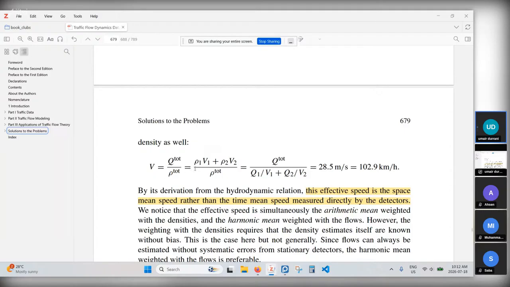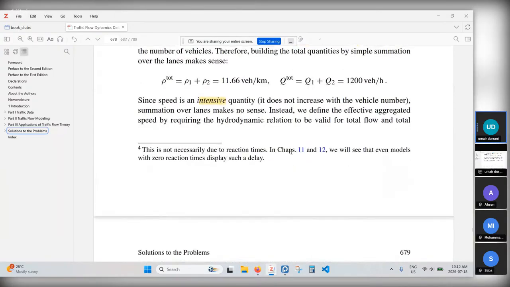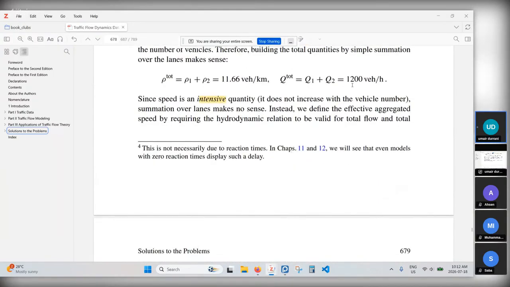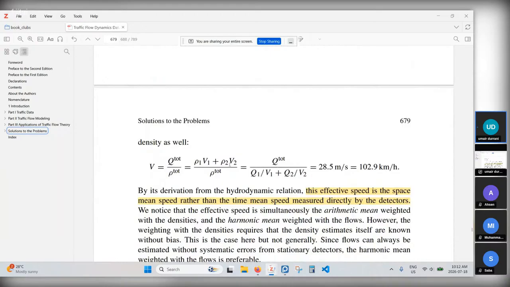Now let's also discuss these two parts in the solution. In this first part, they consider flow as a combination of density and speed, again the hydrodynamic relation, for the first lane and then for the second lane, and then added them to get Q total, whose value is given to us as 1200 vehicles per hour.